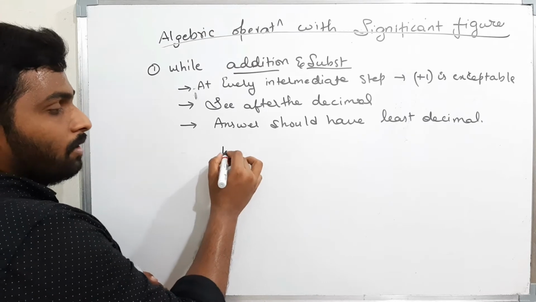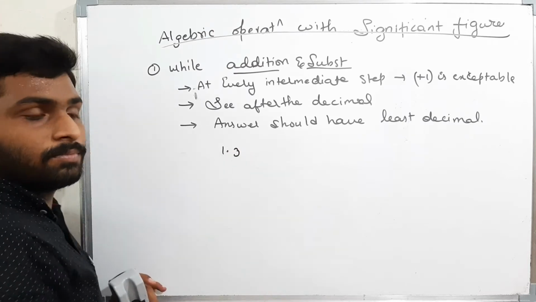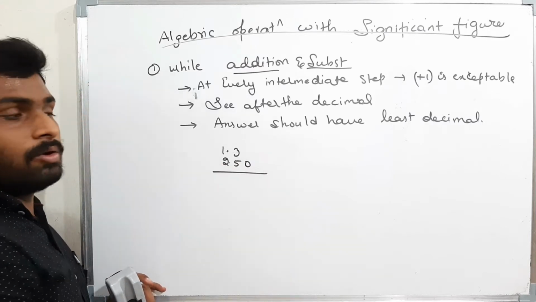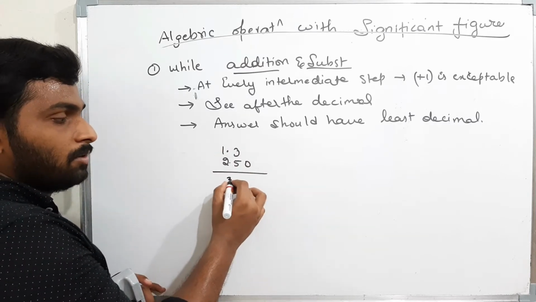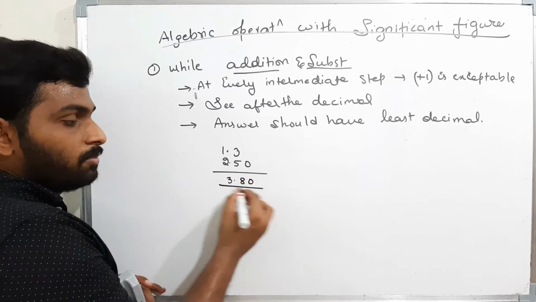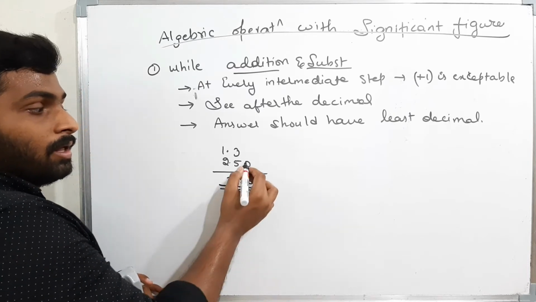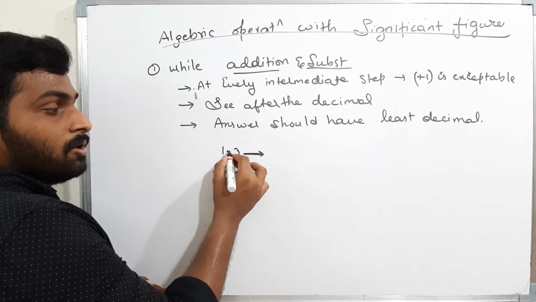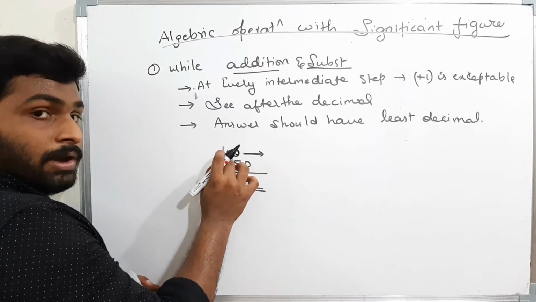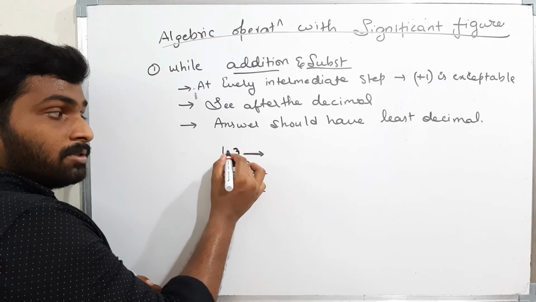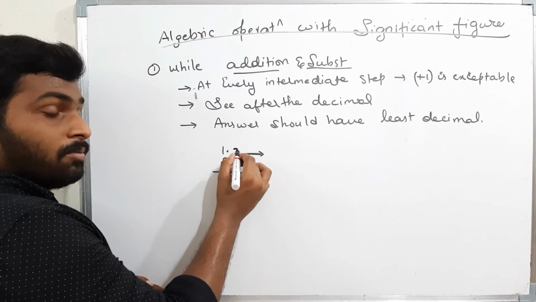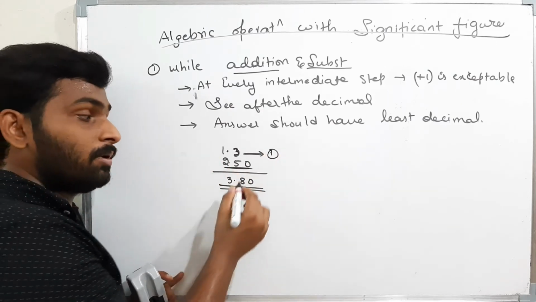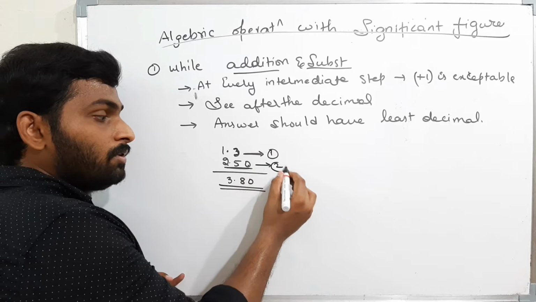Now see here, 1.3 and 2.50. What is the answer for this? The answer is 3.80. But if you observe carefully, in the first value the number of digits after the decimal is 1, and in the second it is 2. Which is the least?